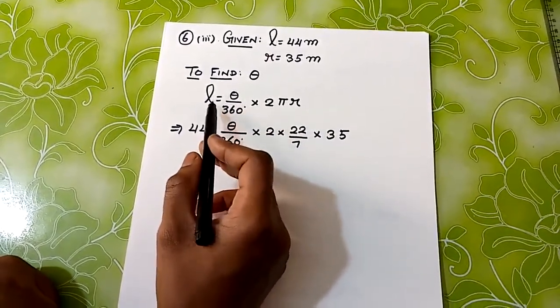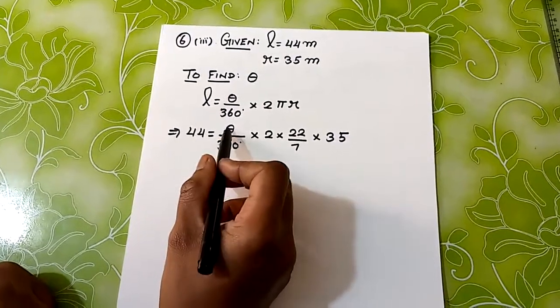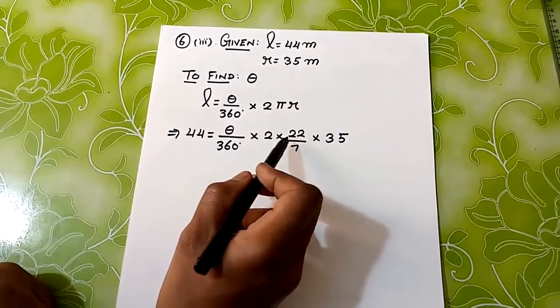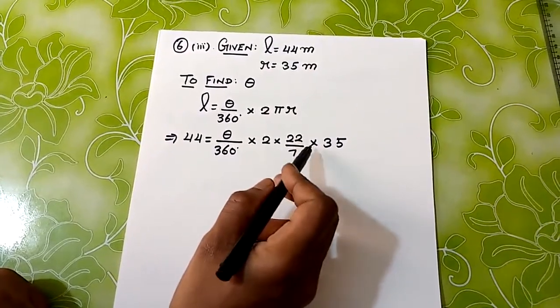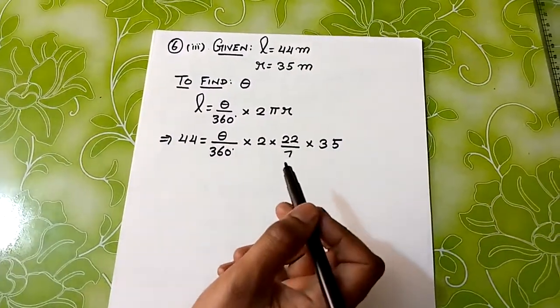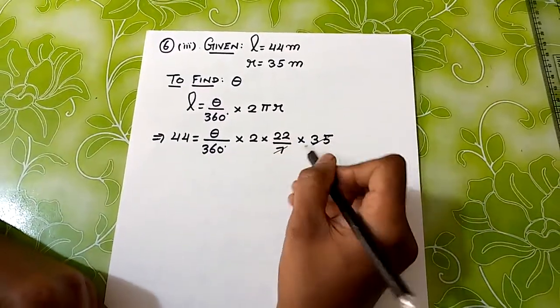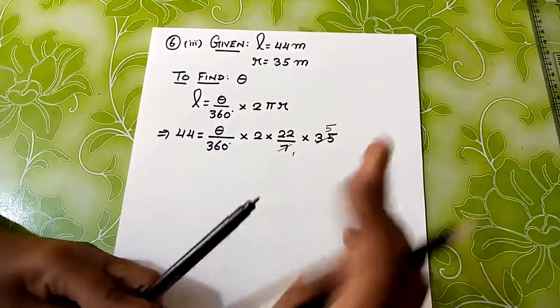What is the value for L given here? 44. Theta by 360 degree into 2 into, instead of pi, I am writing the value as 22 by 7 into 35. Now, can we cancel the terms? So, if you see, 7 1s are 7, 7 5s are 35.